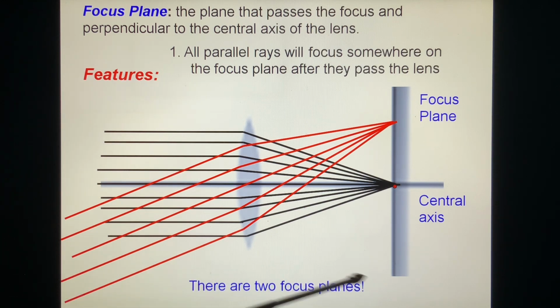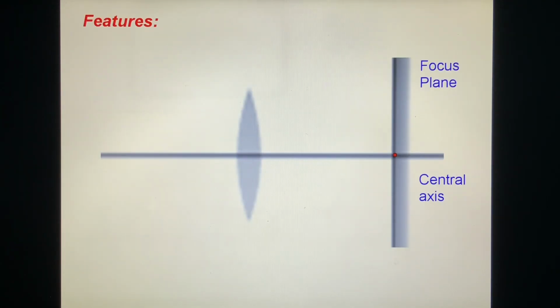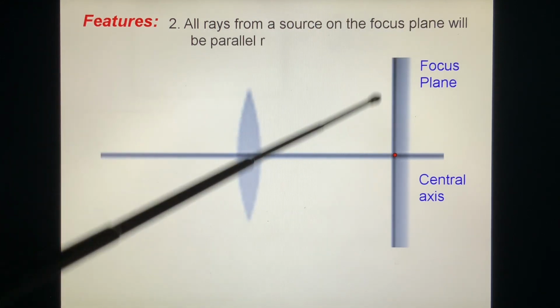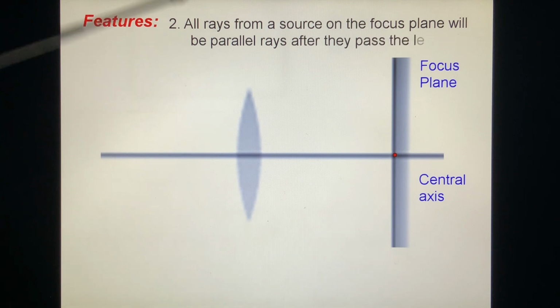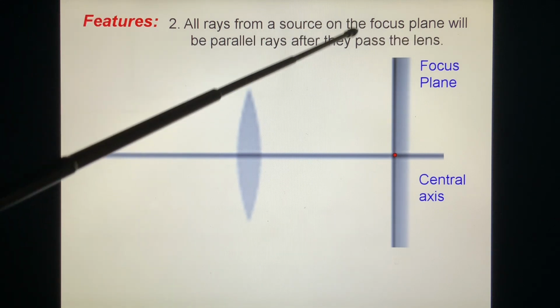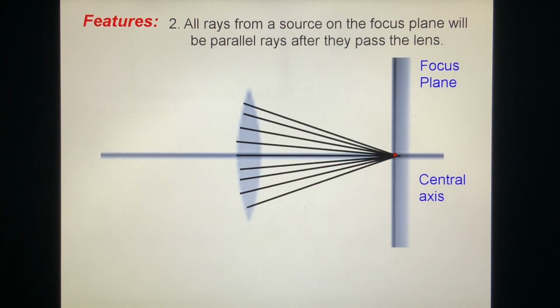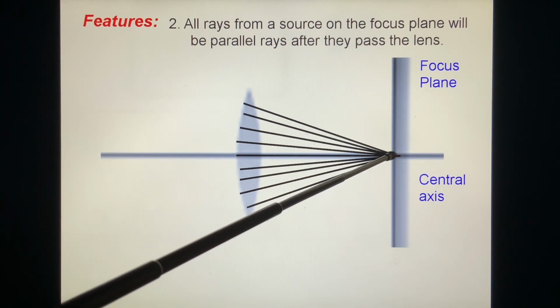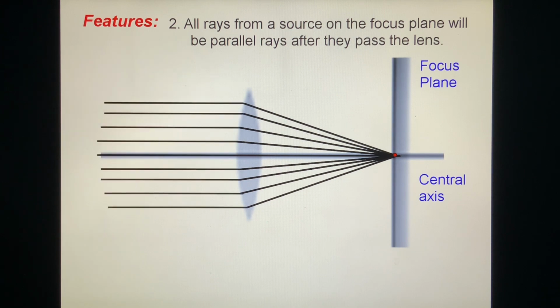There are two focal planes, one on each side, for one lens. Another feature: all rays from a source on the focal plane will be parallel rays after they pass the lens. For example, for a source at the focus, after passing they are parallel to the axis.